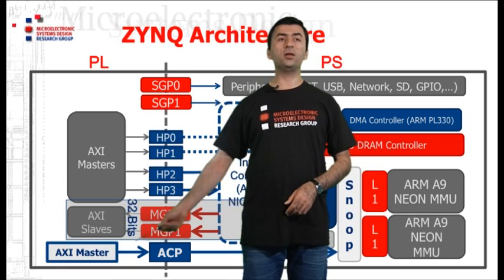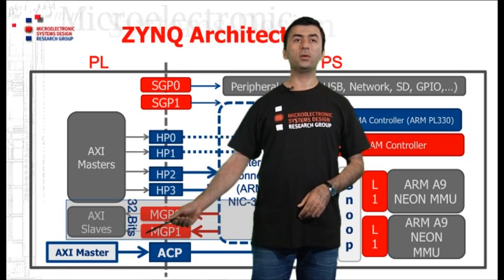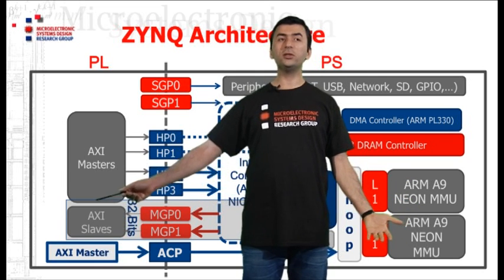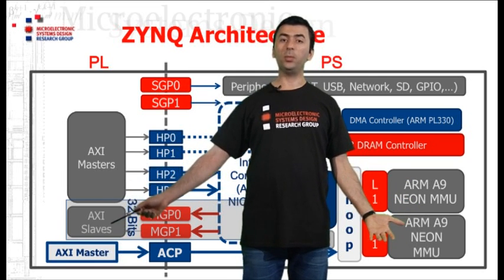Through these AXI interfaces, for example, the ARM CPU cores that you have here can initiate read and write transactions to the logic that you have implemented on the PL.